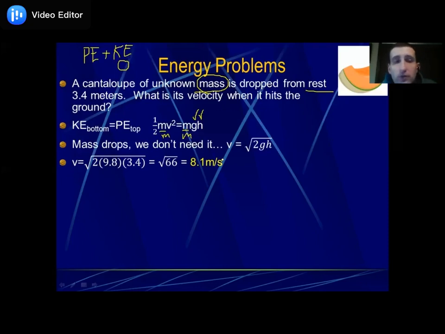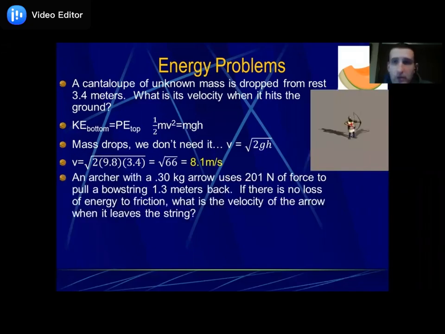This is only 3.4 meters tall. We drop, we get 8.1. So it's an interesting idea that this relationship, v equals the square root of 2gh, is reliable in telling us our velocity, regardless.